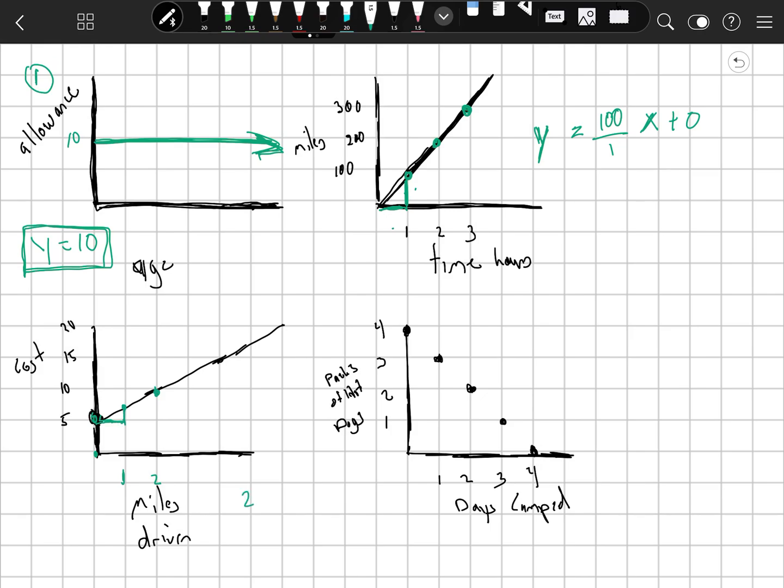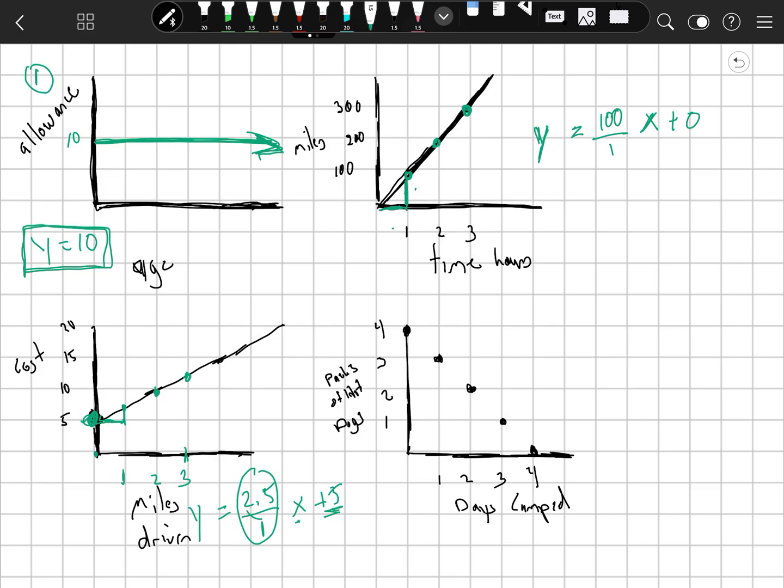So 2.5 over 1, and our x is miles driven, so times by x. And then we have to add the 5, because we started at 5, not 0, plus 5 equals our cost, y. Let's just try this. Let's plug in 3. So 3 times 2.5, that's going to be $7.50, plus 5 should be right there at $12.50, and sure enough, it is. Okay. So we have a slope here, 2.5 over 1. We have a y-intercept here. It starts right at 5 on the y-axis.